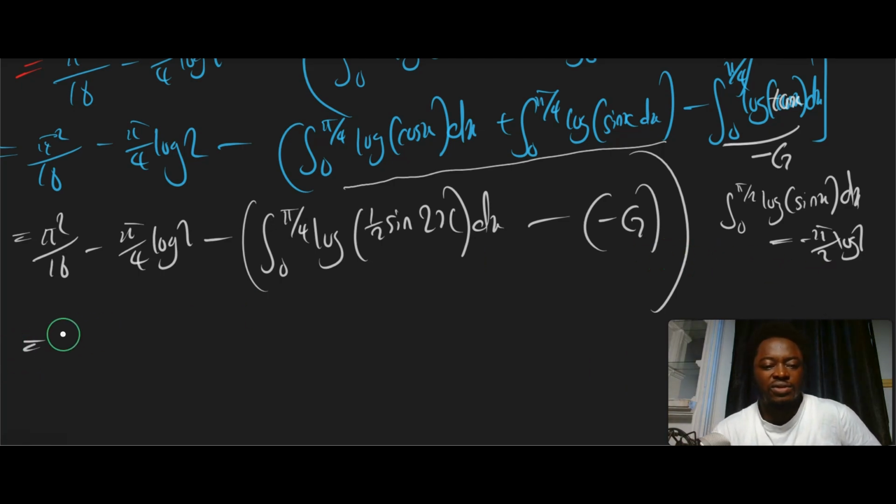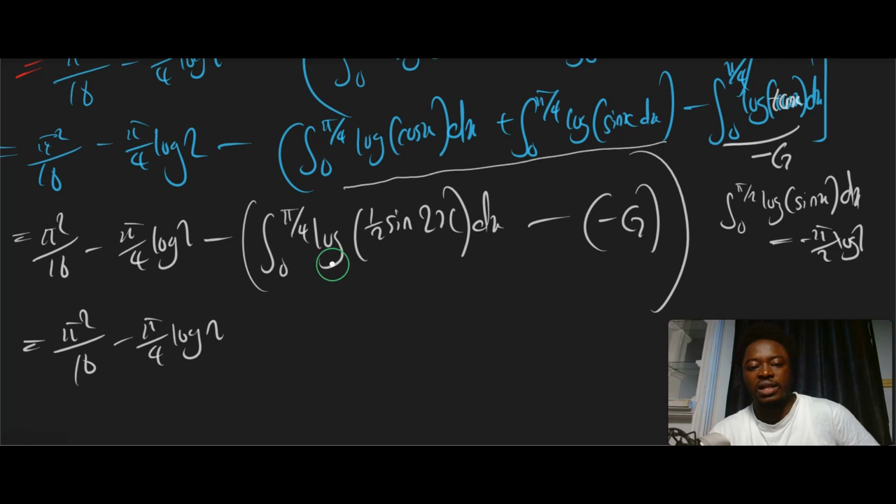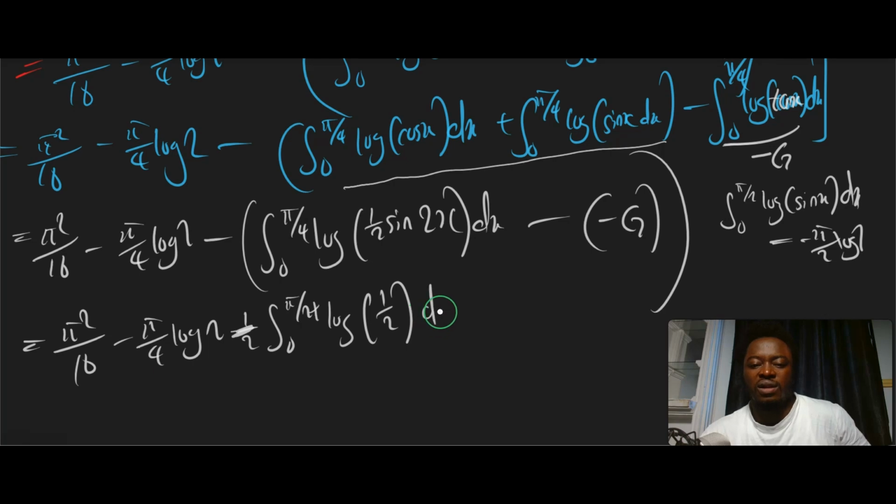So in this case, we have pi squared over 16. Then you have a minus pi over 4 log 2. Then you have a minus. Then in this case, you have to separate. You have minus the integral from 0 to pi over 4 of the logarithm of 1 over 2 dx.